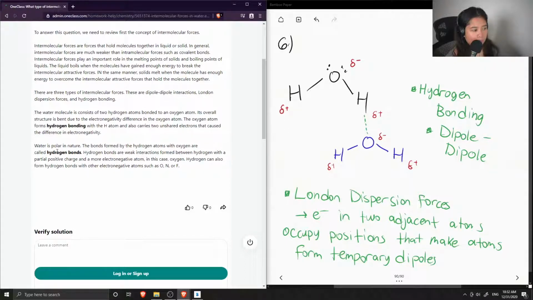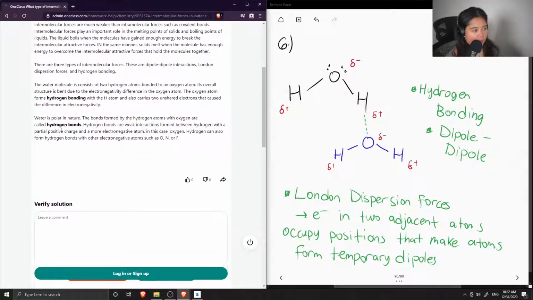Okay. And water is polar in nature. The bonds formed by the hydrogen atoms with oxygen are called hydrogen bonds. Hydrogen bonds are weak interactions formed between hydrogen with a partial positive charge and a more electronegative atom, in this case oxygen. Hydrogen can also form hydrogen bonds with other electronegative atoms such as oxygen, nitrogen, or fluorine.